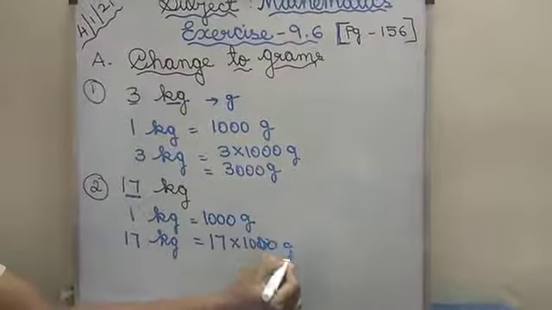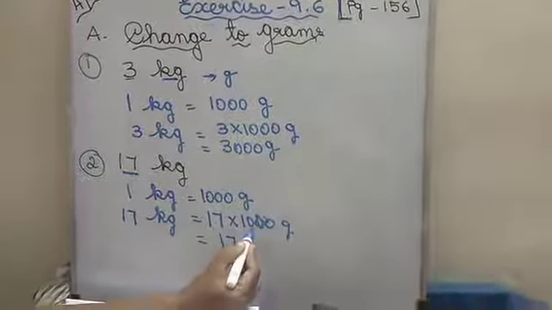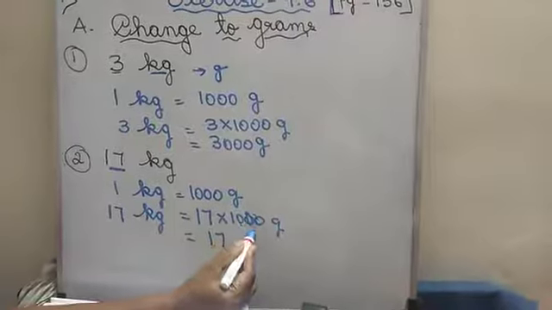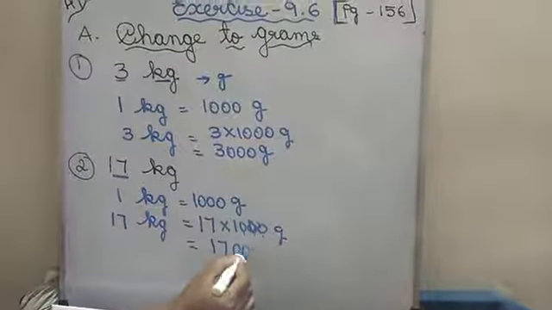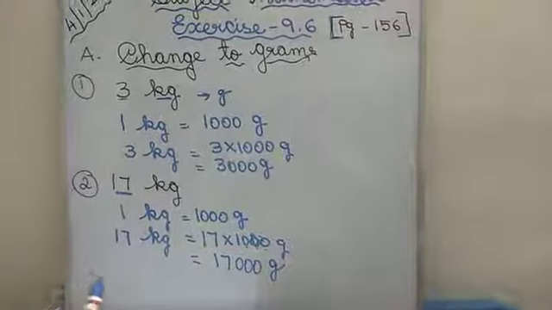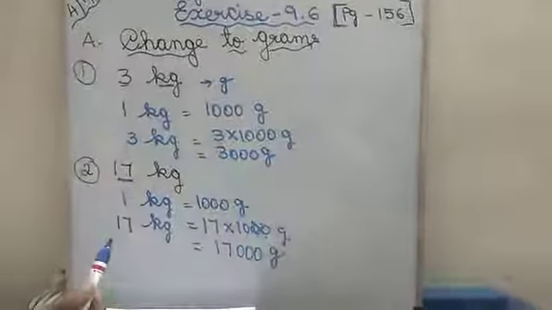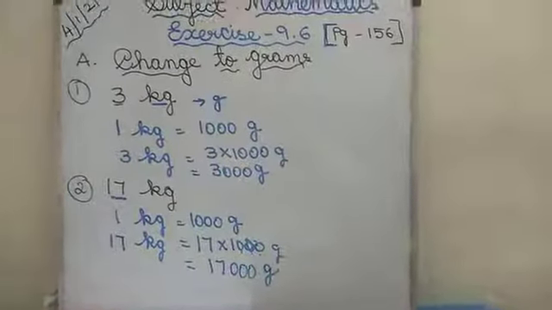So what will the answer be children? You have to write this 17 as it is, and how many zeros are there? 1, 2, 3. So you have to add 3 zeros and write gram. Understood children? Easy, the same here also. 3 you have to write, and how many zeros? 3000. Okay, we'll see the third sum.